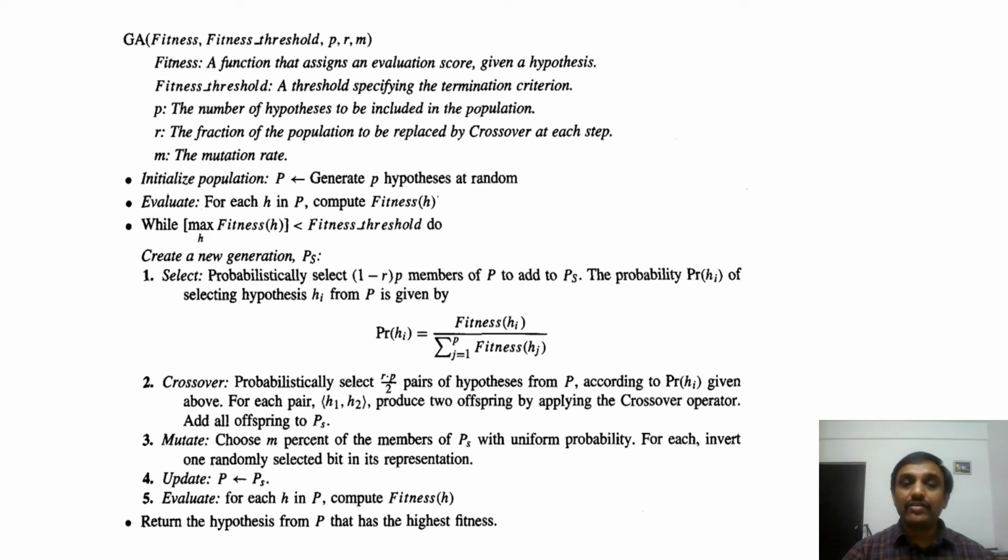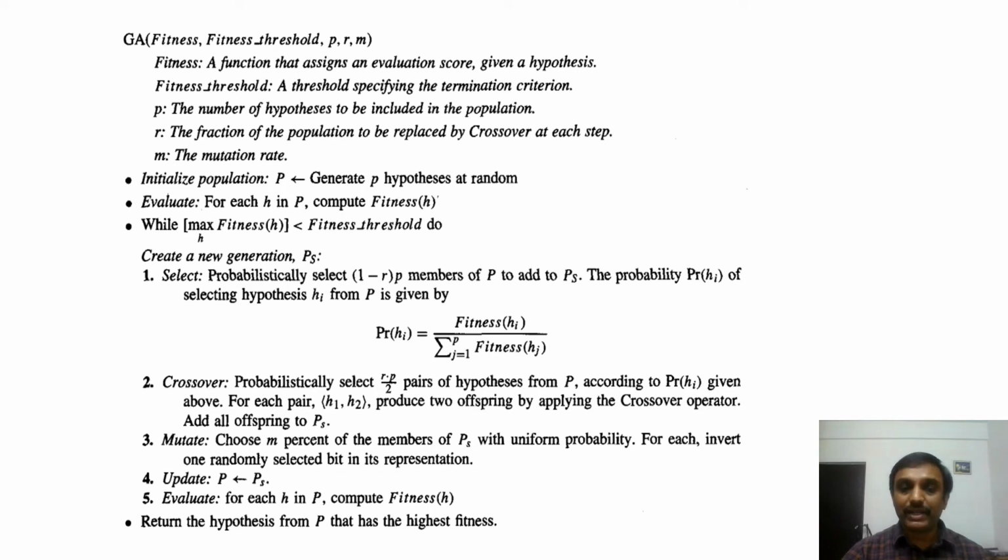While max fitness is less than the fitness threshold value, we perform our iteration process. Create a new generation Ps. How to create that? First, by using probability we select: Pr(hi) equals fitness of hi divided by total fitness.